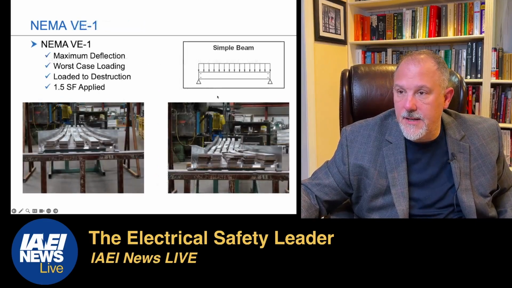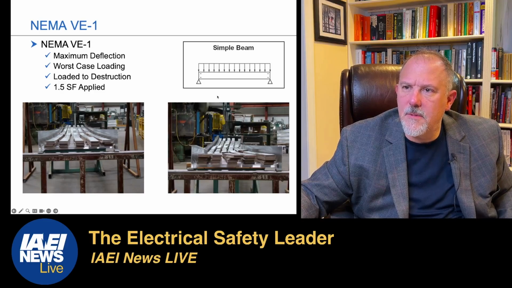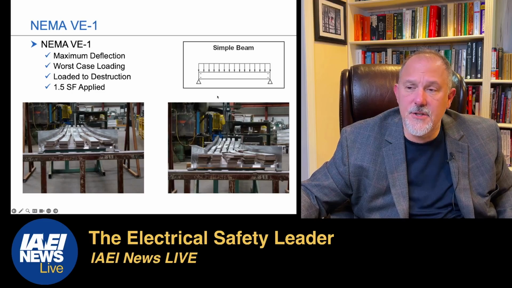Look at how that's set up, that's pretty cool. Maximum deflection, worst case load, loading to destruction, 1.5 service factor applied. That's your simple beam. And look how they lay those weights, they're in long bars.